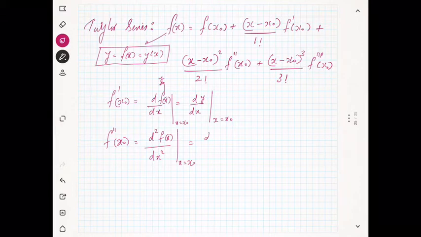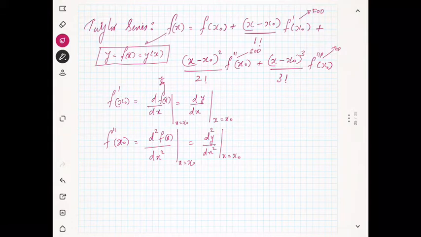We can say that it is nothing but d square y by dx square at x is equal to x naught. So this is the first order derivative, this is the second order derivative, and this is the third order derivative. That's what.